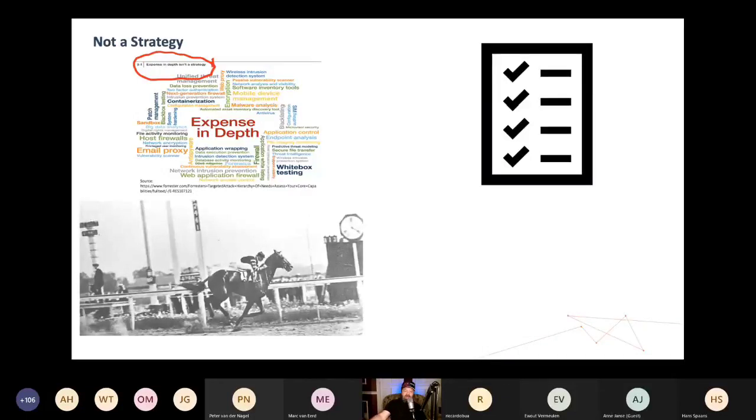And then we have best of breed. You've all been told you're supposed to do best of breed. No, you're not supposed to. Don't do best of breed. It's a bad idea. These are things measured in Gartner Magic Quadrants and Forrester Waves. I refuse to do a wave at Forrester because that's not the way you do cybersecurity.